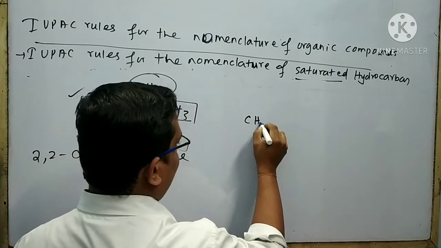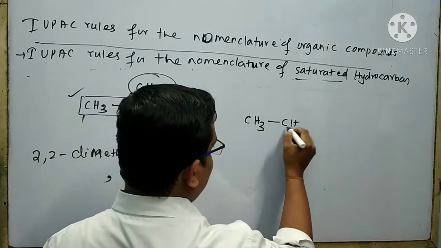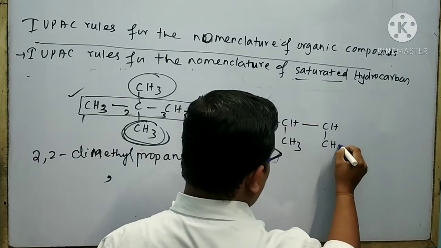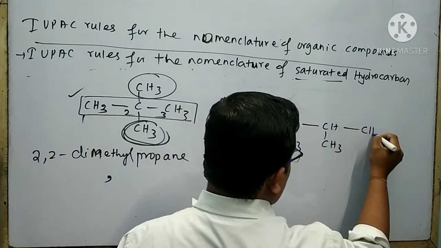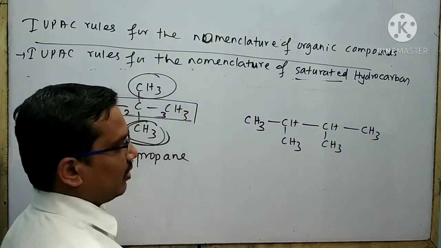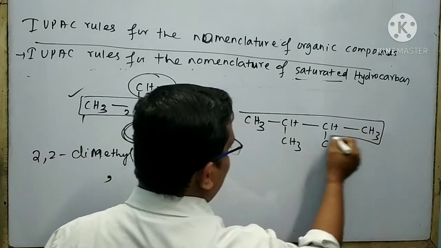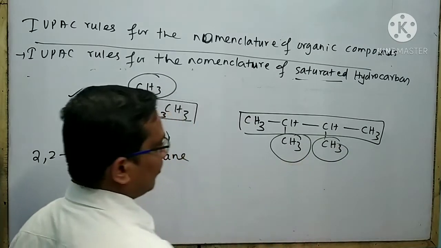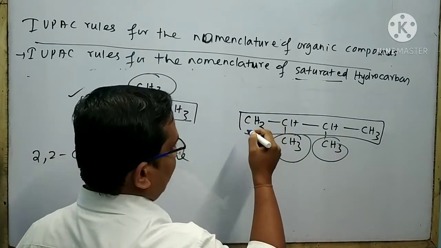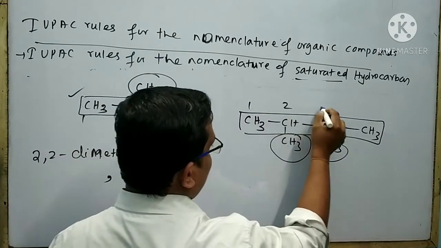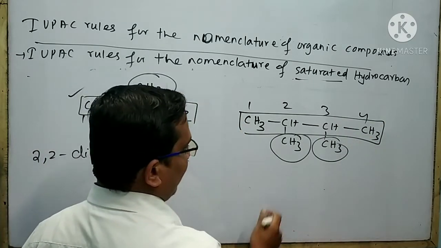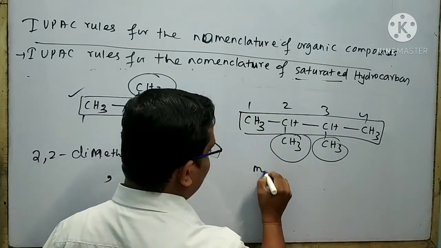Take another example: CH3 bond CH bond CH bond CH3 with two methyl groups. This is the parent chain. These are the two side chains. I can give the numbering like this: 1, 2, 3, 4. The two substituents are the same and have the name methyl.